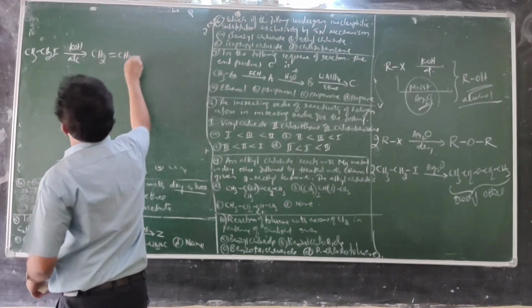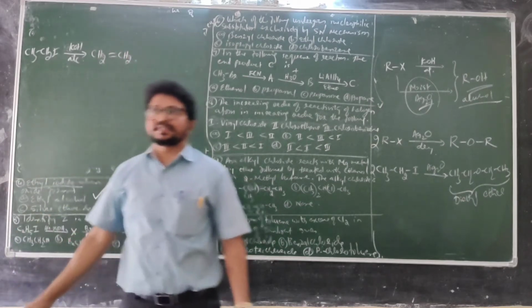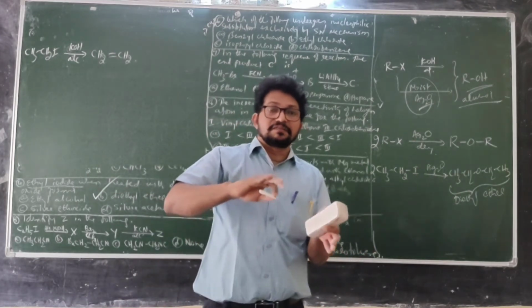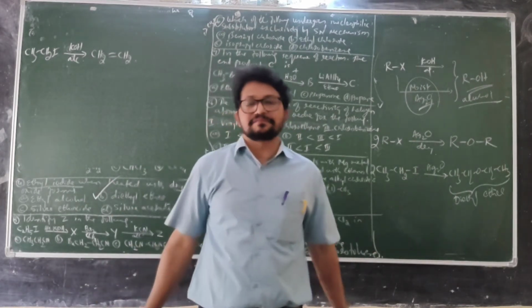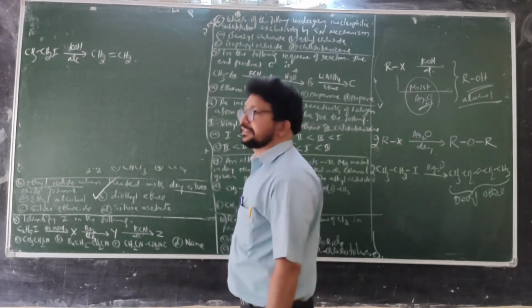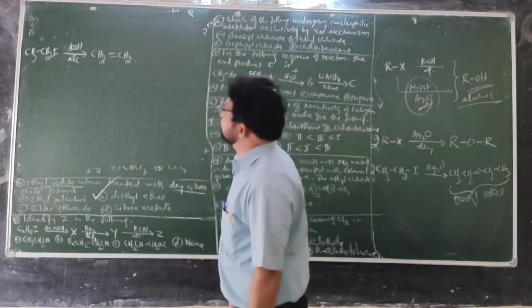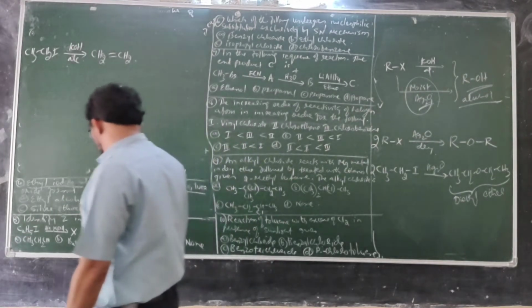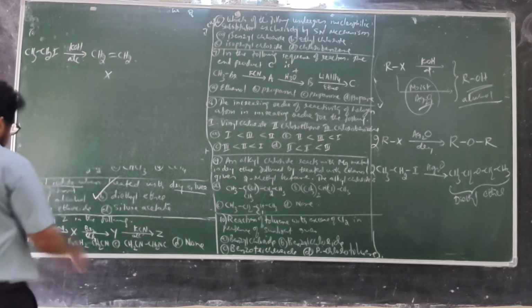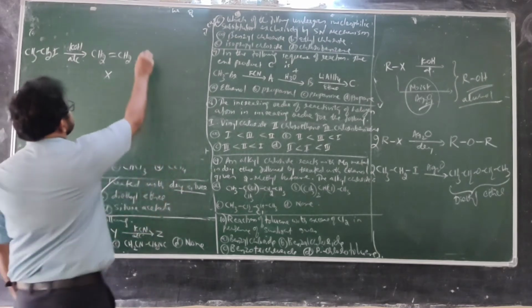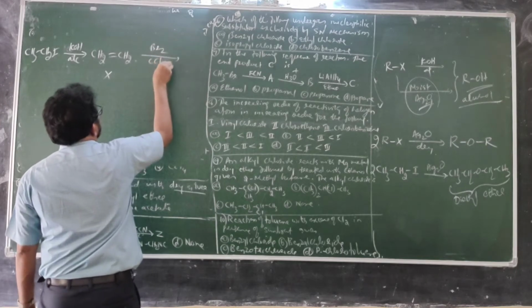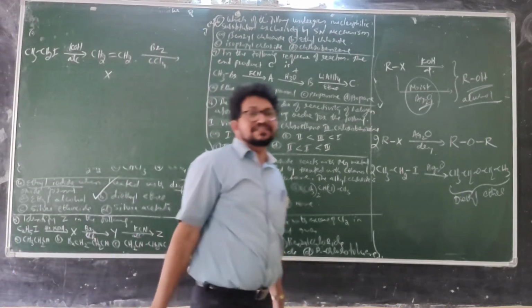Do you agree? HI will be eliminated by KOH because alcoholic KOH is elimination predominant. Aqueous KOH, nucleophilic substitution, SN2 predominant. So now you have understood what is X. This is X. Now this is treated with bromine and CCl4. See, this is an addition reaction.